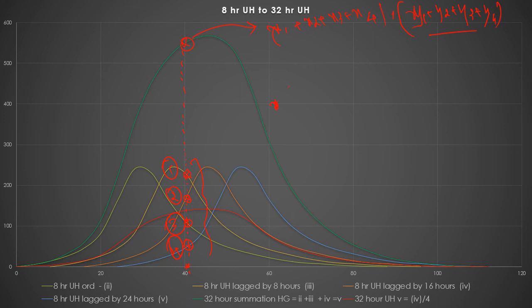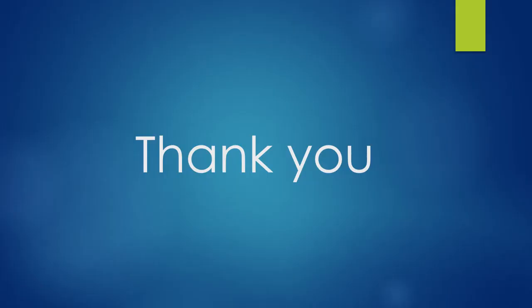So the coordinate of this point will be obtained by summing up the coordinates of the 4 curves that we have superimposed at that point, and that will give you the coordinate of the summation hydrograph, and the summation hydrograph divided by 4 will give you the coordinate of this final curve, that is our 32-hour unit hydrograph. Thank you.